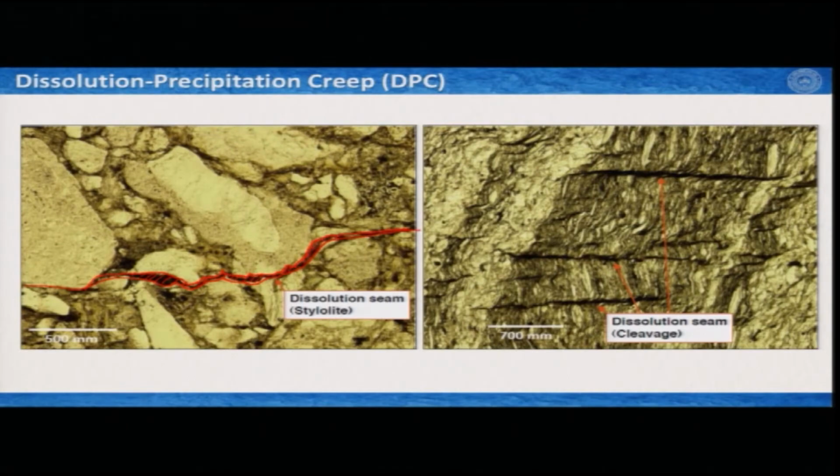You can also see here some sort of dissolution seam, and if that happens in a regular manner, in a regular arrangement, then it also develops repetitive layers in the structure. So, therefore, you can also call it a cleavage or foliation. So, this is the mechanism, or this is the process of how you see dissolution precipitation creep, and this is how they look under the microscope.